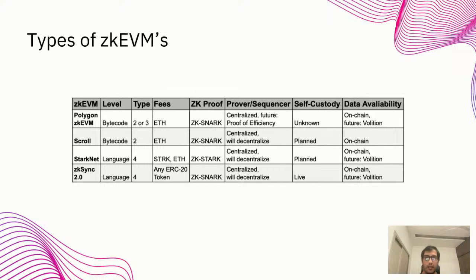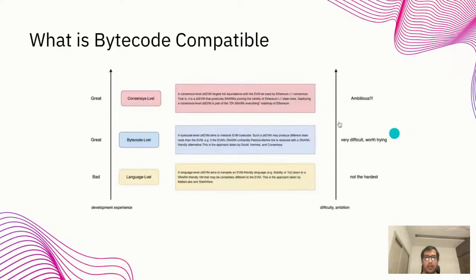To make sense of this table, it's important to understand where each of these types fit. So essentially, the closer you are to the top, the closer you are to type 1. And as we see, the consensus level provides the best developer experience, but is also the most ambitious to make. The bytecode level is a good sweet spot because it provides a good enough dev environment. But even in building something like this, it's still very challenging.